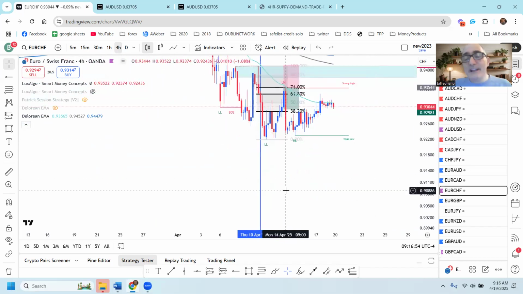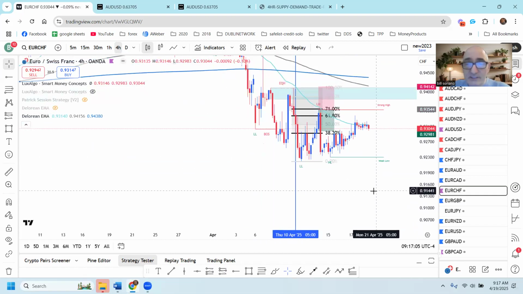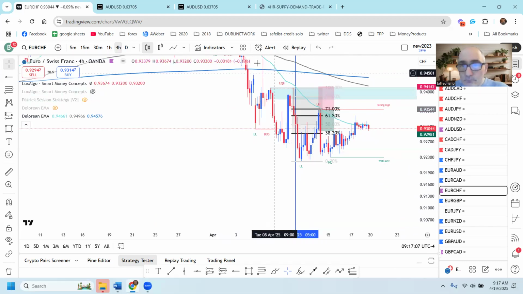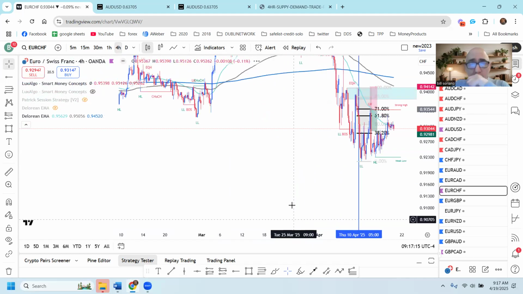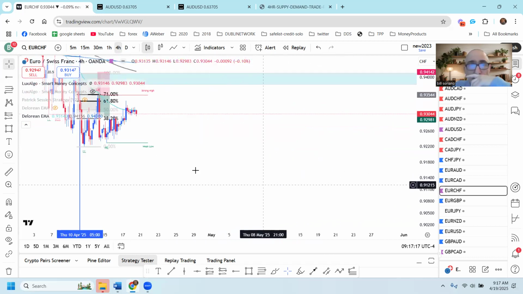And the problem here now is we don't have a demand zone down here for our goal because price just hasn't been there for a long time. Price is now making all-time new lows on EUR-CHF. So we just don't have a demand zone.